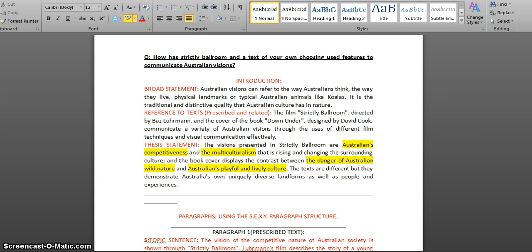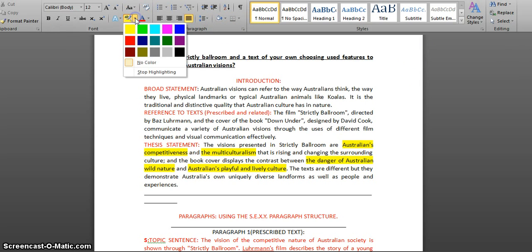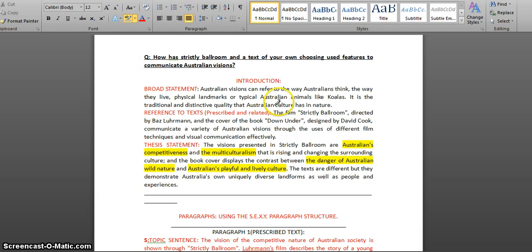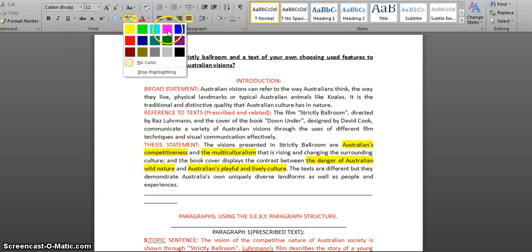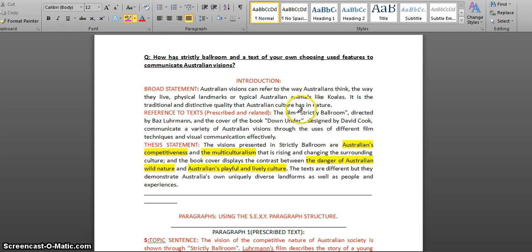So the next sentence, which is a reference to text, says the film Strictly Ballroom, directed by Baz Luhrmann, and the cover of the book Down Under, designed by David Cook, communicate a variety of Australian visions through the uses of different film techniques and visual communications effectively. So he has used, we're going to use a different highlighter, obviously Strictly Ballroom, and he has also used the cover of the book Down Under, which we have already analyzed.